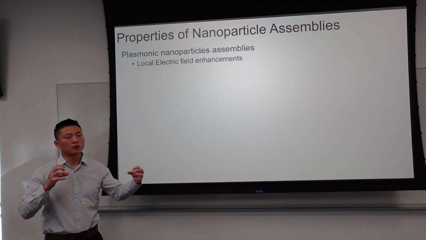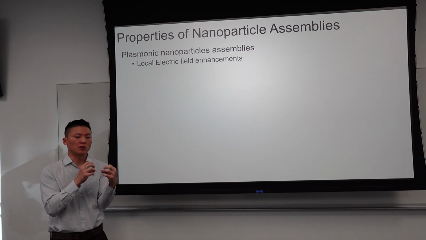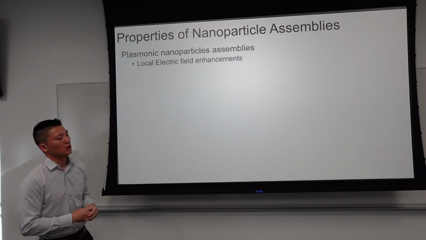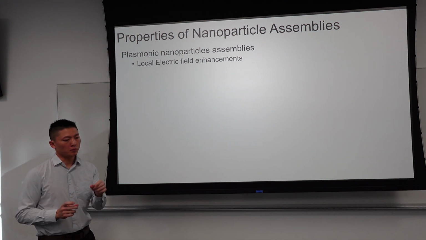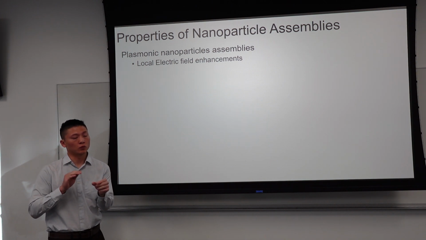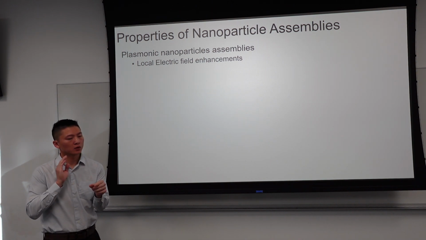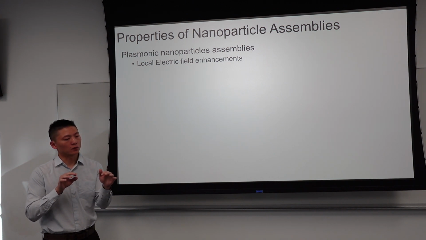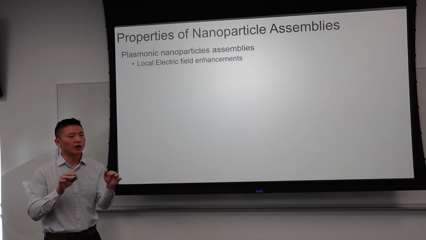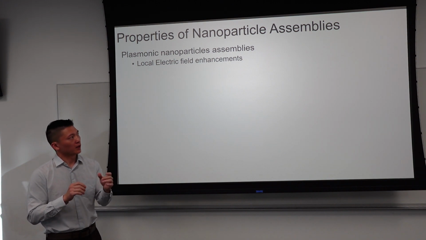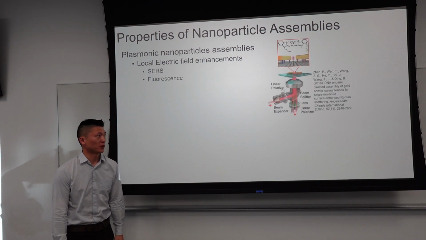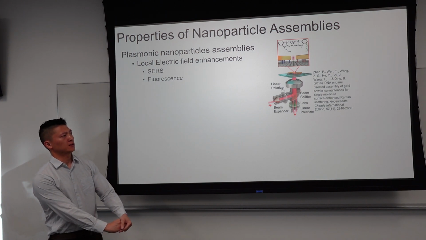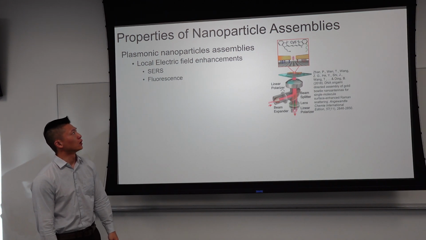Basically, two metallic nanoparticles can be placed very near each other at the nanoscale, and the gap in between them may be a hot spot if you shine light on it to excite the nanoparticles such that their surface plasmons may couple. This has found application in spectroscopic techniques, for example, SERS or fluorescence.